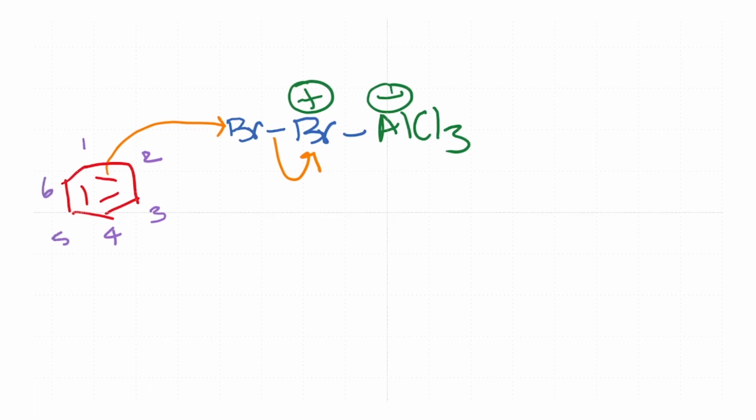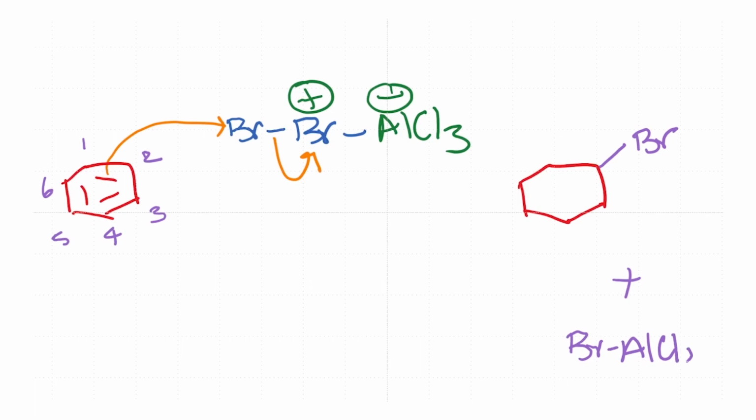So if we just redraw the benzene ring the way it is, now what is going on here is the bond between 1 and 2 is being broken, and a new bond between 2 and Br is being formed. So let me just draw out the new bond Br, and as you can very clearly see, the byproduct is Br AlCl3, and it has a negative charge because once this lone pair goes here, there's still a negative charge that's remaining.